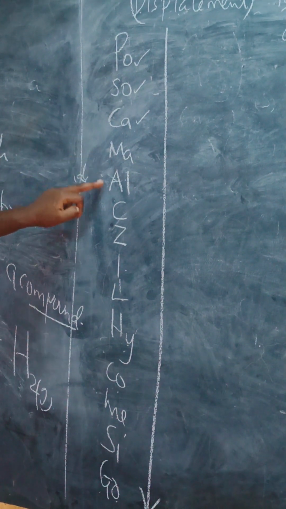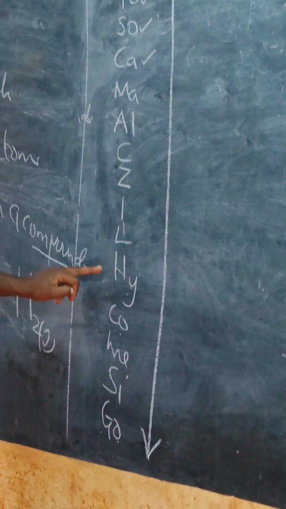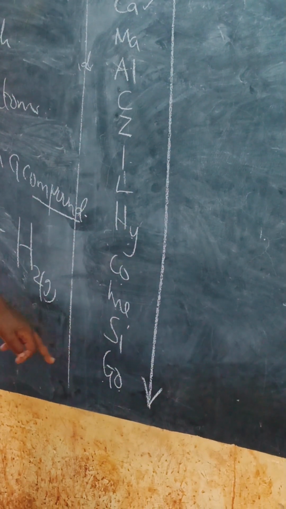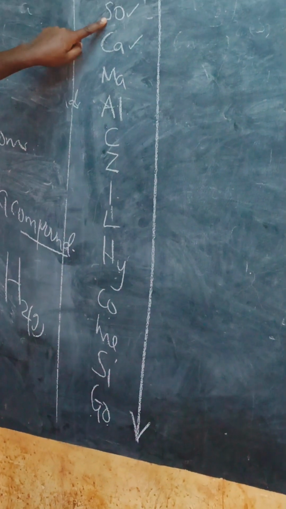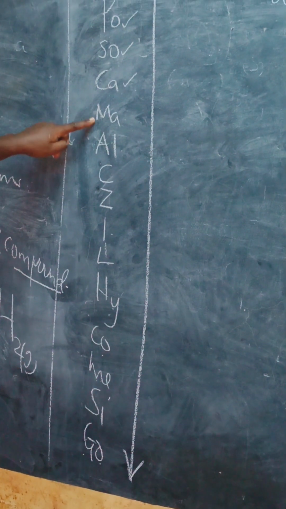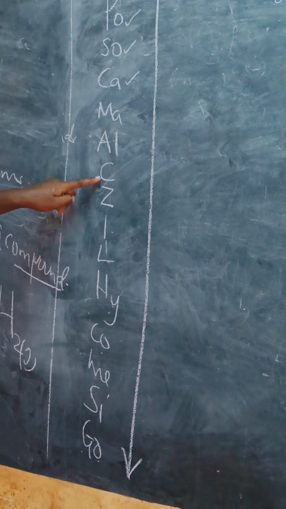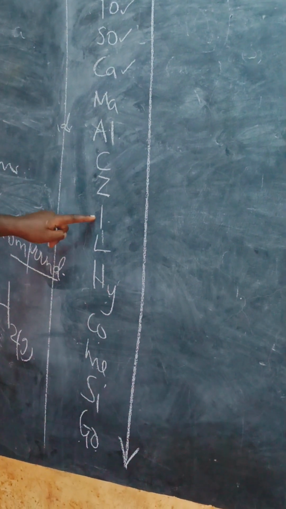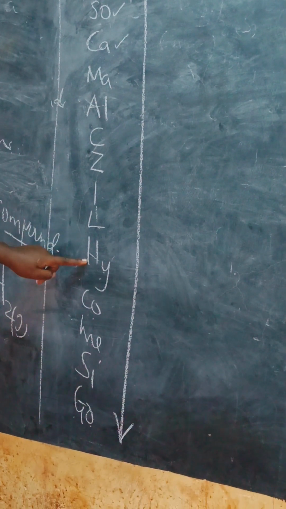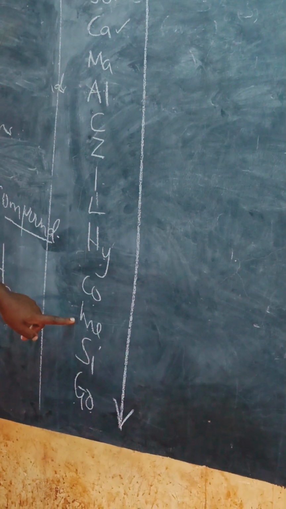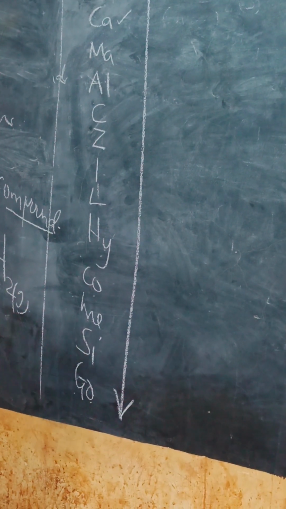Potassium, sodium, calcium, magnesium, aluminium, carbon, zinc, iron, lead, hydrogen, copper, mercury, silver, gold.